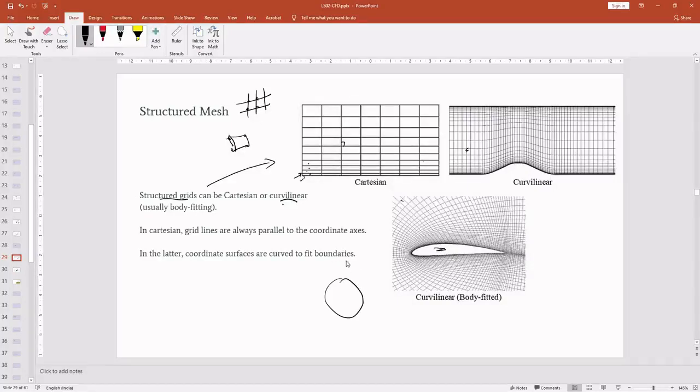There also we can take polar coordinate systems, which is much easier to map than Cartesian systems. So these are the types of meshes where the nodes can be easily mapped to the coordinate axes of a selected coordinate system, and then it is called a structured mesh.